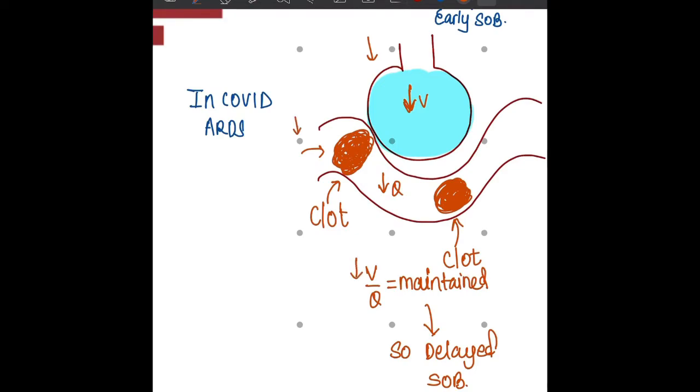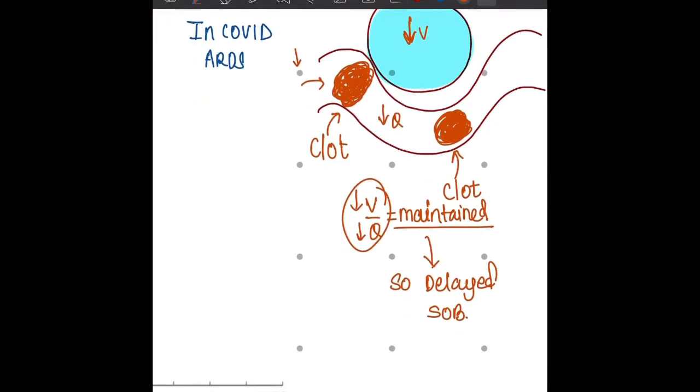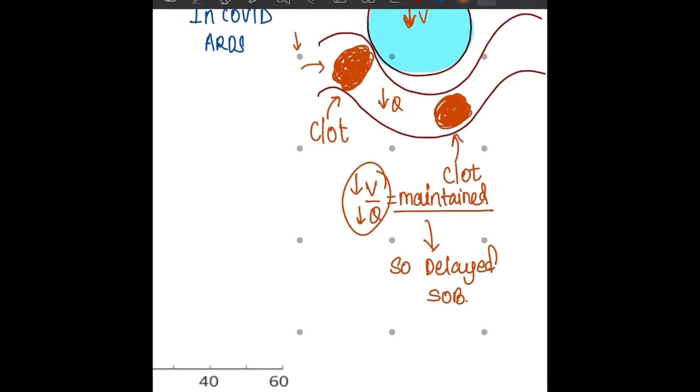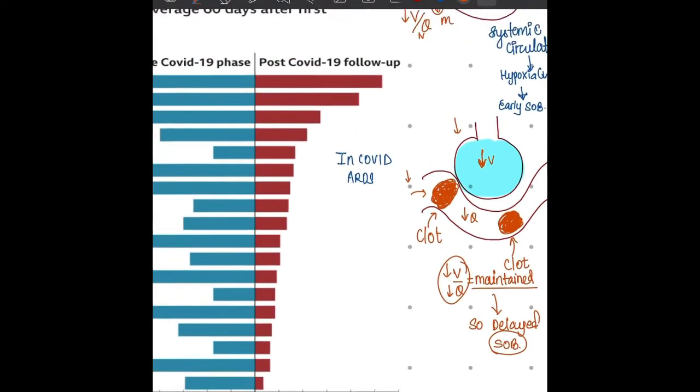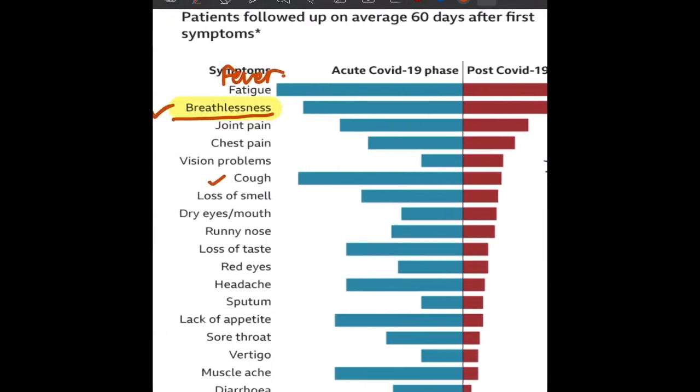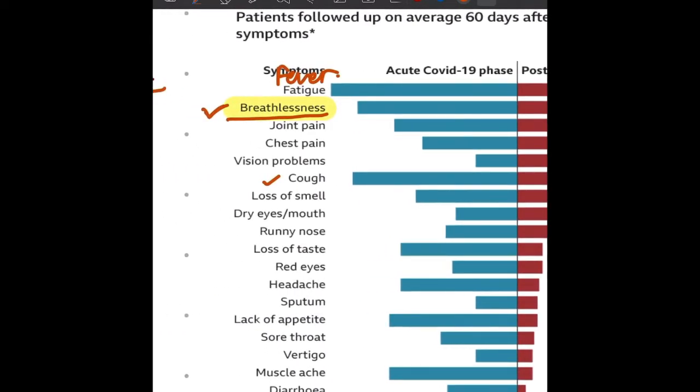Hence, because both decrease, the VQ ratio remains maintained, and hence there is no per se right to left shunt, and the blood in the systemic circulation does not get desaturated that easily, and hence shortness of breath is quite a late feature. So if a patient with COVID-19 develops shortness of breath, understand that it is quite an advanced form of disease and much of the lung parenchyma has already started deteriorating. So this was one thing, how shortness of breath of COVID-19 is different from any other form of ARDS, right?